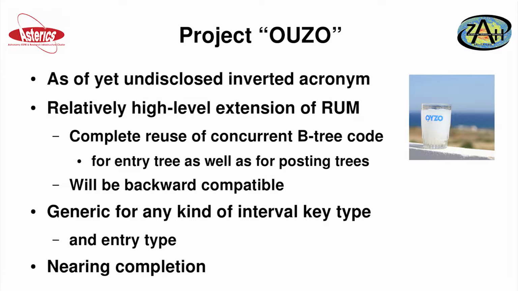This means that all this internal B-tree code, which is at the core of the indexing in RUM, can be reused, both for the entry tree where the intervals are stored and also for these posting trees. And it's also possible to make this backward compatible, meaning that these modifications don't alter the behavior of RUM.